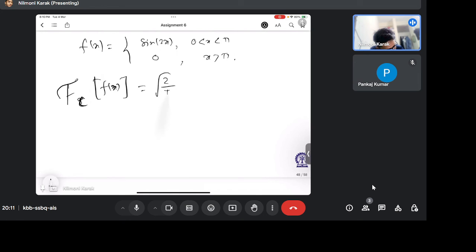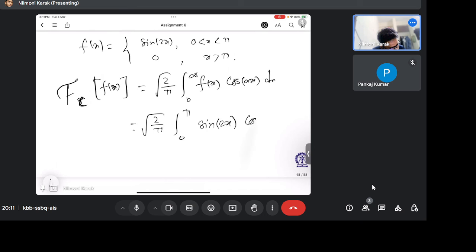is root 2 by pi, integral 0 to infinity of f(x) cos alpha x dx, which is root 2 by pi, integral 0 to pi of sin 2x cos alpha x dx. So it is a similar formula. You have to do it as 1 by root 2 pi, multiplying 2 and 2 in numerator and denominator.